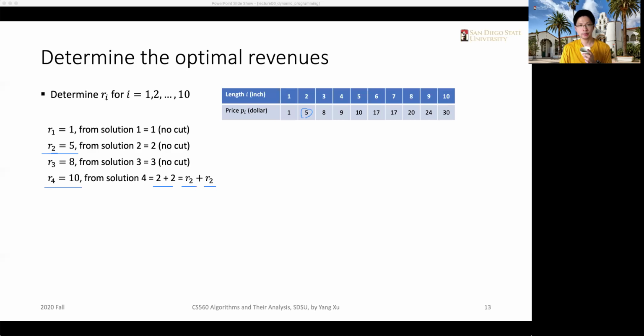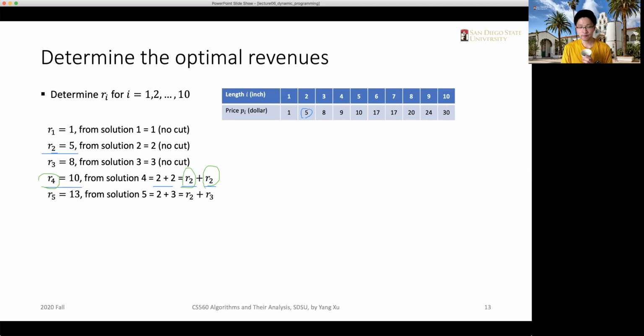This time we saw a bit of the flavor of the sub-problems. The problem of R4 can be expressed by the solution to the sub-problem R2. That is something we should pay some attention to here.